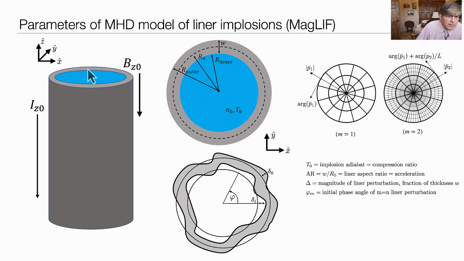There they make a thin beryllium liner or cylinder that's about 1 centimeter high and 1 centimeter in diameter.